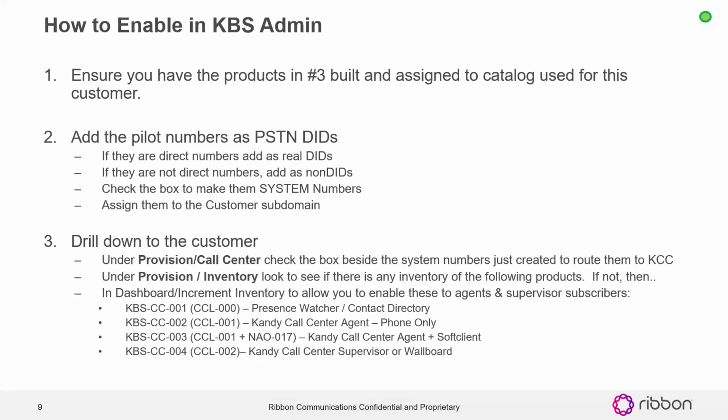So the first thing you do, assuming now that your catalog has been correctly updated, is you'll want to order licenses for your service. So there are four types of licenses for the KCC service. There is firstly the top one we're showing here, KBS CC001, and that's a type of directory license.